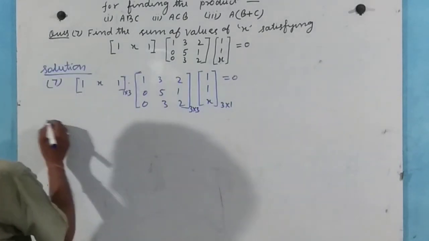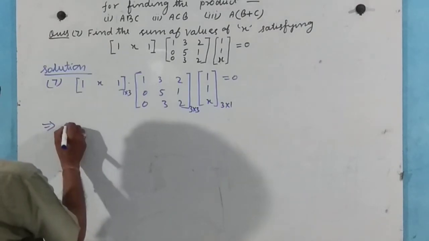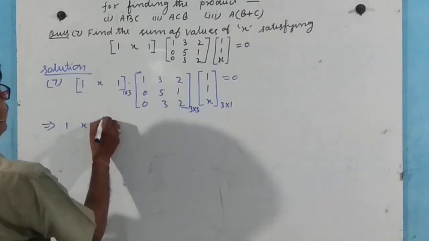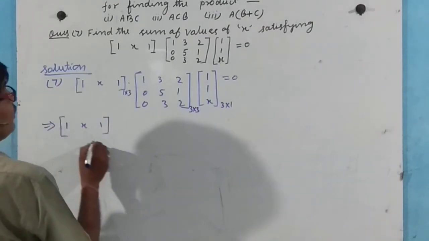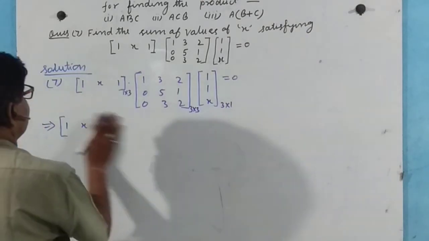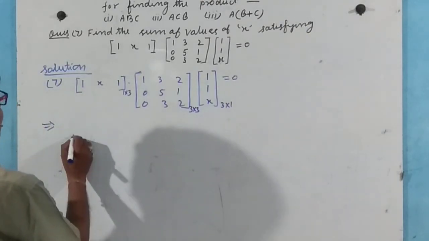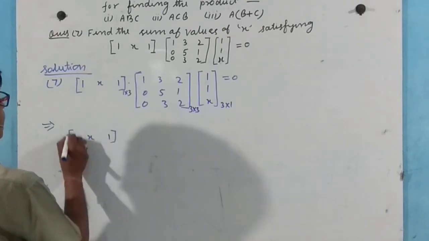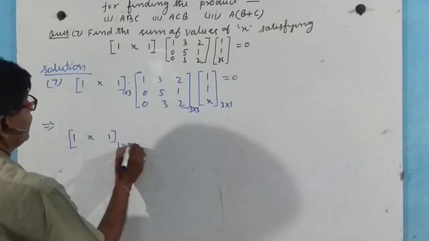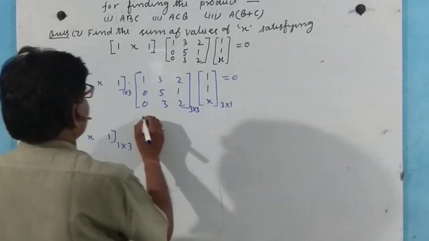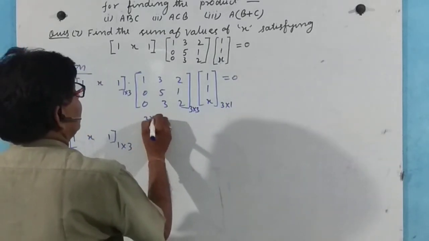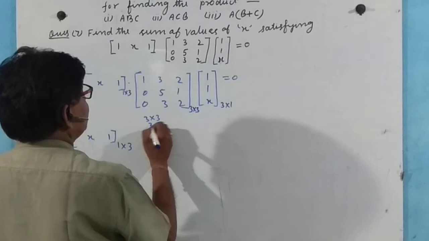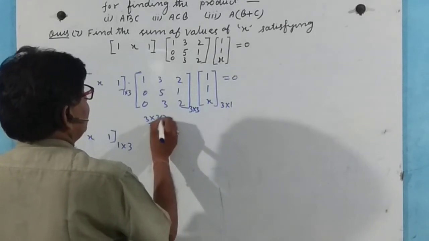Now here [1 x 1] is 1 cross 3. In this case 3 cross 3 and this is 3 cross 1, applicable.